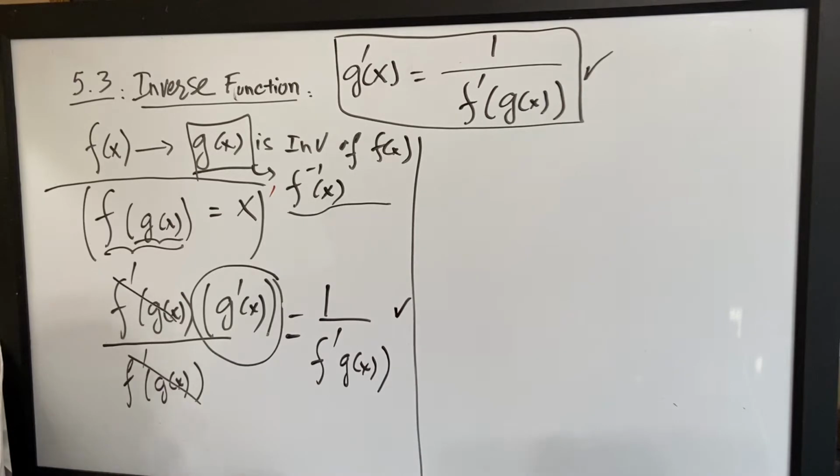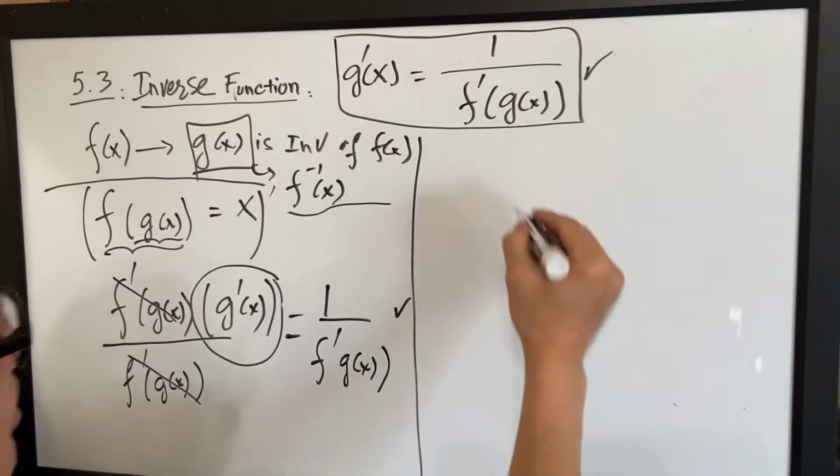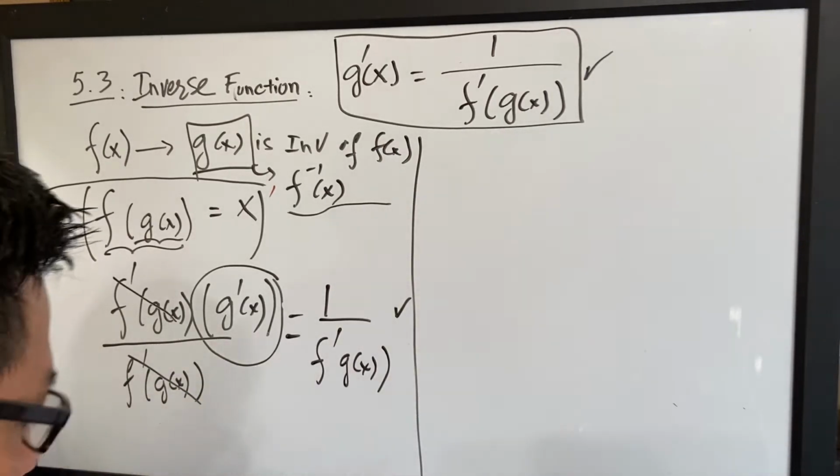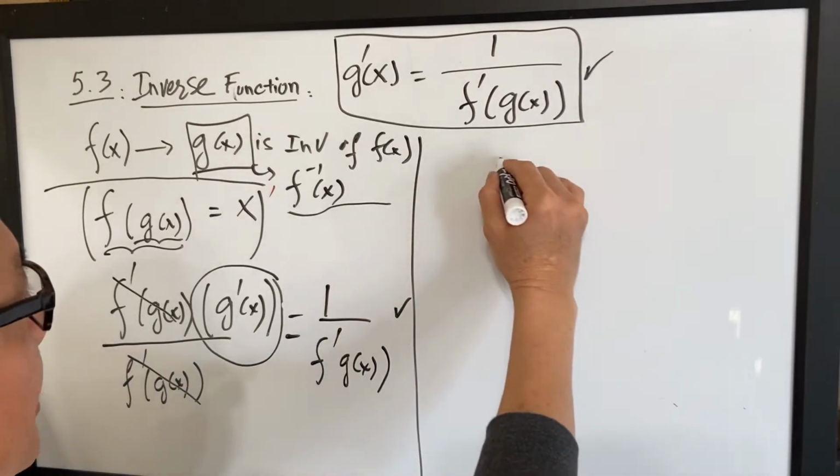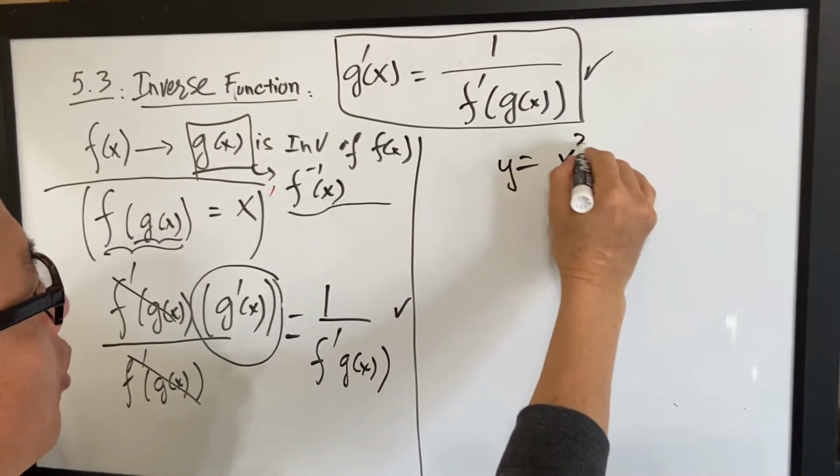Now, one thing we talk about is the existence of an inverse function: when the function has an inverse, that function passes the horizontal line test. Let me review with you. Let's say y equals x squared.